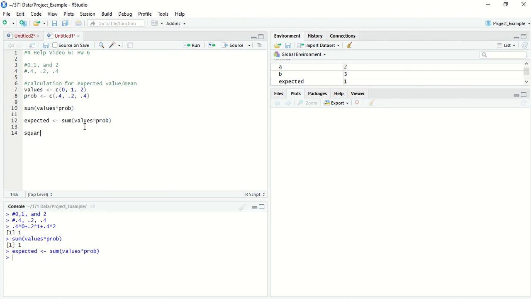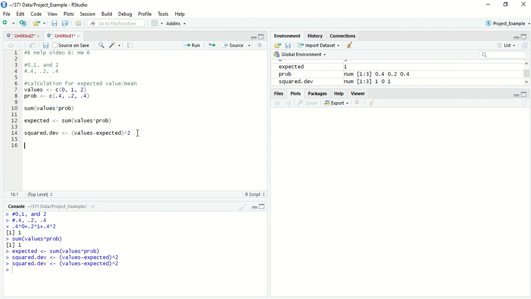As I showed earlier, expected value is sum values times probabilities. Next, let's get the squared deviation. It's your values minus expected, squared. You might notice that this mirrors when you're calculating standard deviation by hand. You take your value minus the mean and then you square it. To get the variance, you sum the squared deviation times the probabilities.